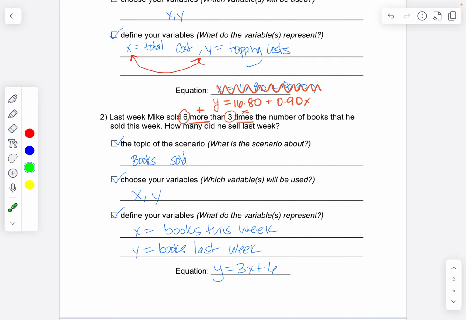So we're talking about books sold. We are going to be using X and Y. X will be the books this week, and Y will be the books last week. So we're doing Y is equal to 3X, because we had 3 times, and then we had to add 6.